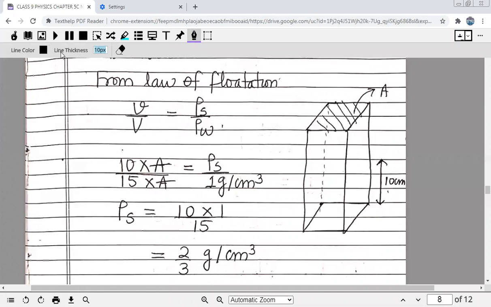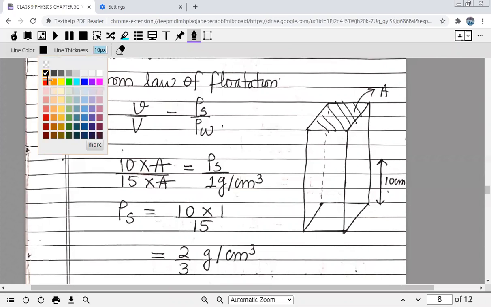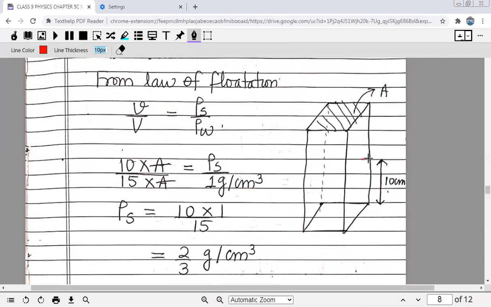It is only this much part is immersed. You can see here when it is floating in water, then only this length is immersed. What is the total length?